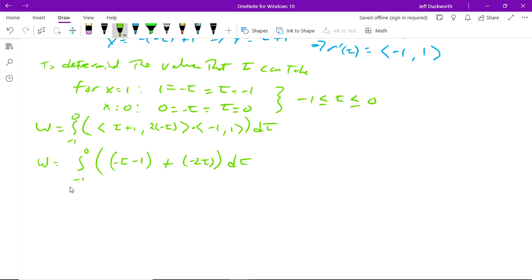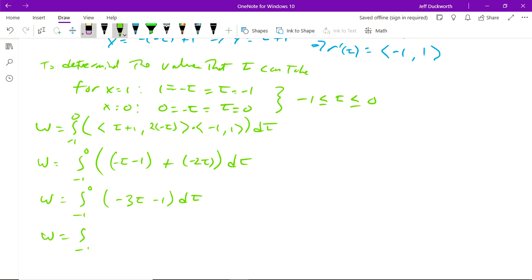Again, we need a dot product, which is why we're going to add these to get a number. So it looks like negative 3t and negative 1. Okay, so now we need to integrate.